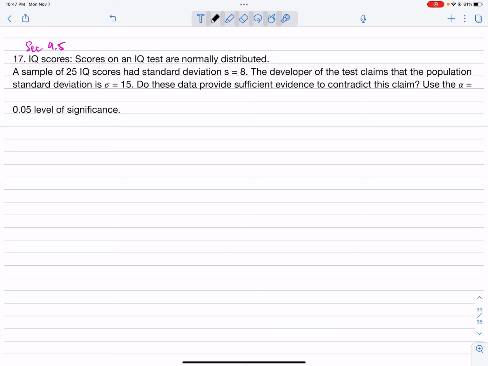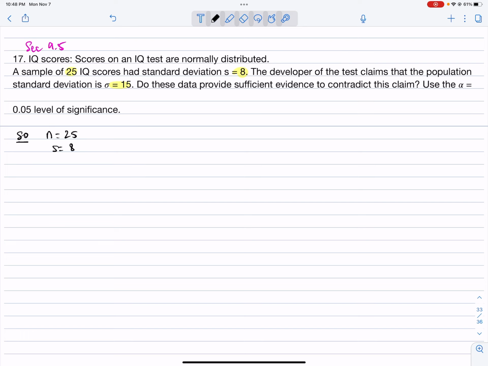So we will begin with step 0. We write down the given information and the question. We have some numbers in the problem: 25, 8, and 15. So the sample size is 25, s is 8, and sigma is 15.